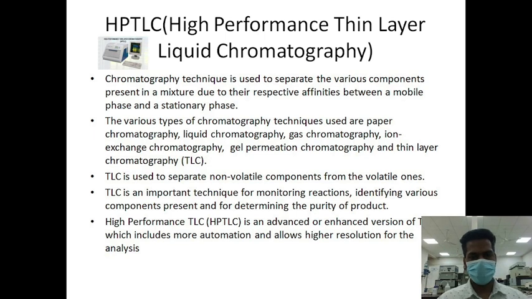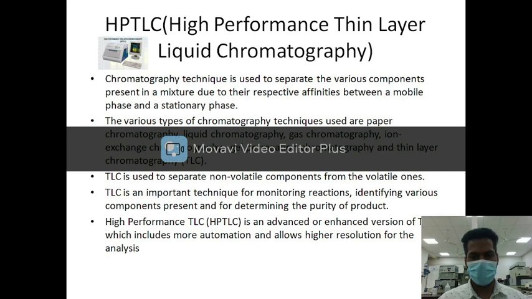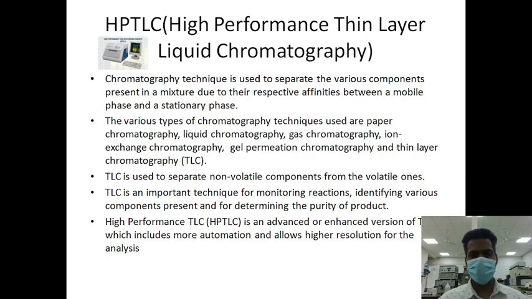TLC is an important technique for monitoring reactions, identifying various components present in the reaction, and for determining the purity of product. High performance TLC, also called HPTLC, is an advanced or enhanced version of TLC which includes more automation and allows higher resolution for the analysis.